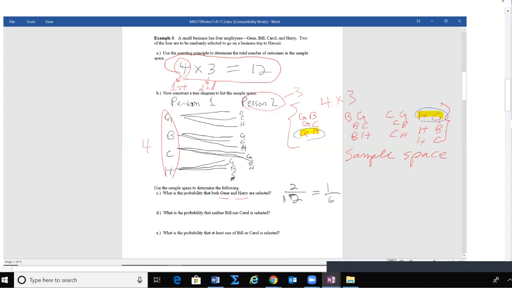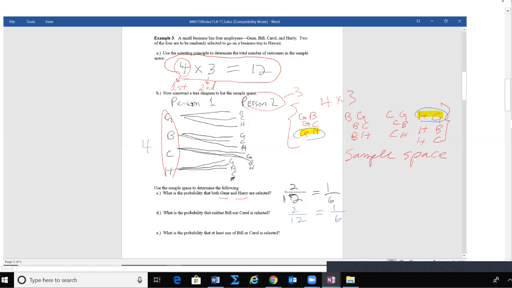Here's one. That's it. Turns out that's the same question as the first one. So in any case, we have 2 out of 12, which is, again, 1 out of 6.